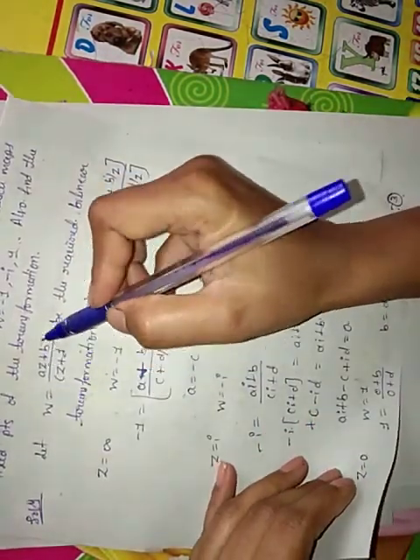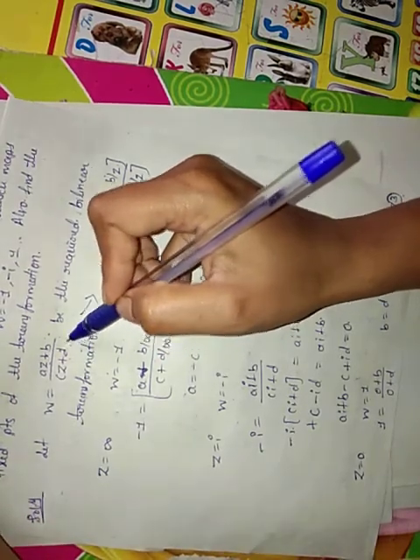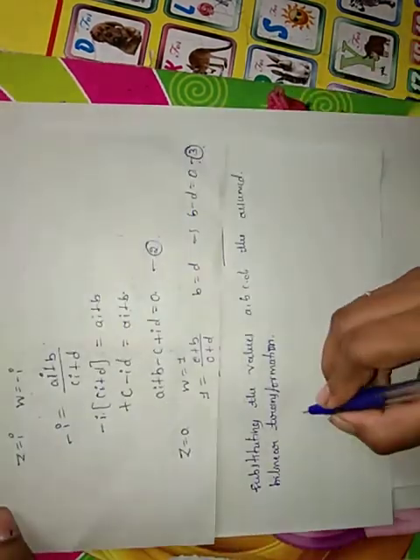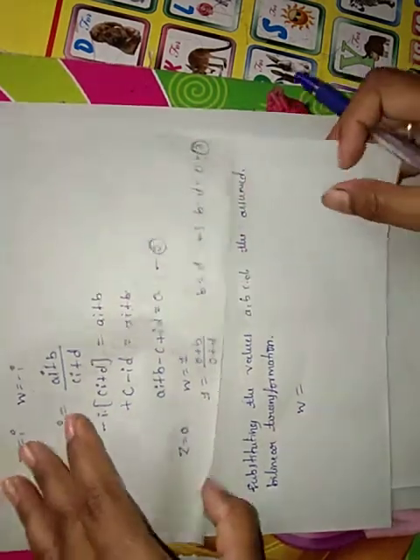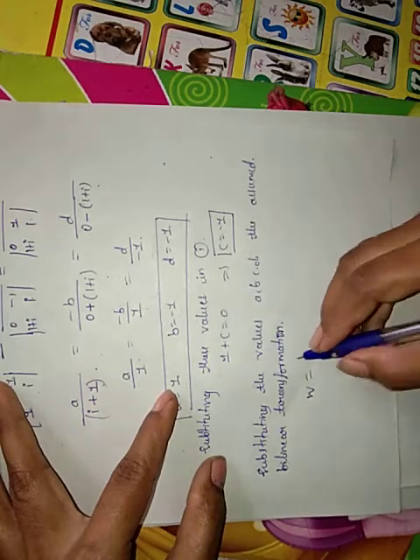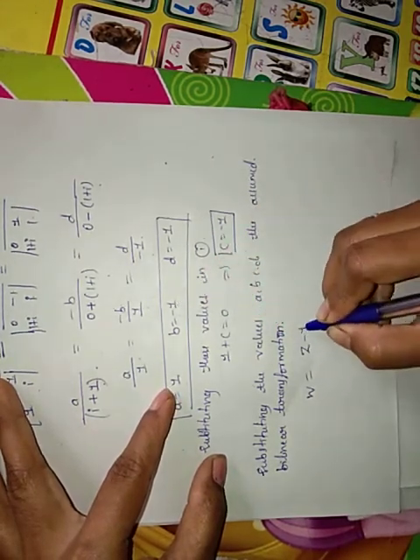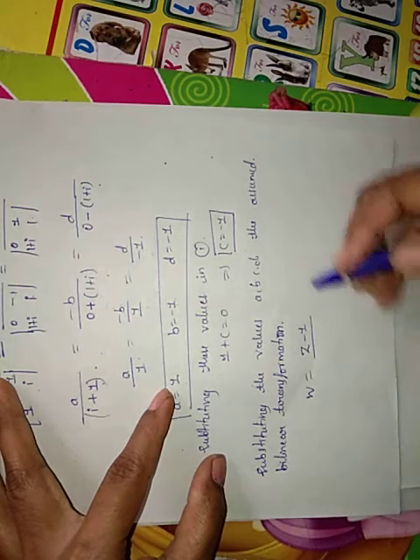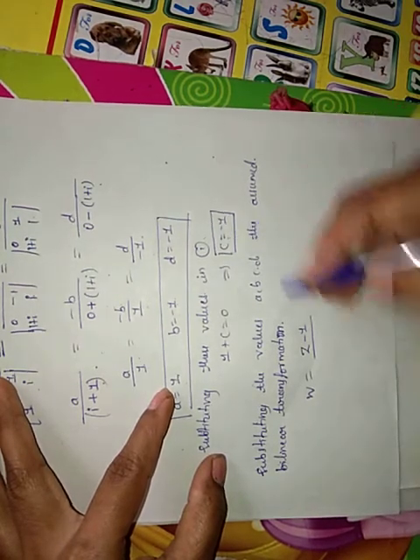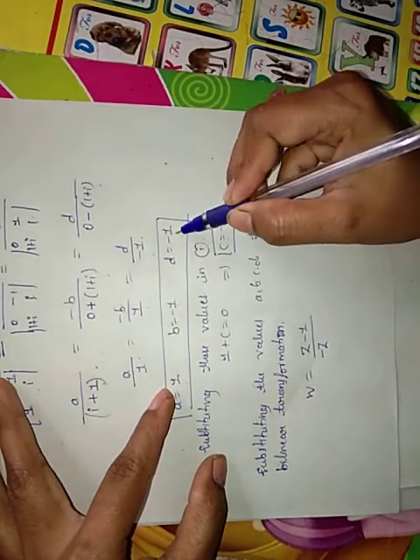W equal to AZ plus B divided by CZ plus D. I am going to substitute here. W equal to A into Z, so our A is 1, 1 into Z, plus B, B is minus 1, divided by C into Z, C is minus 1, minus 1 into Z, plus D, D is minus 1.